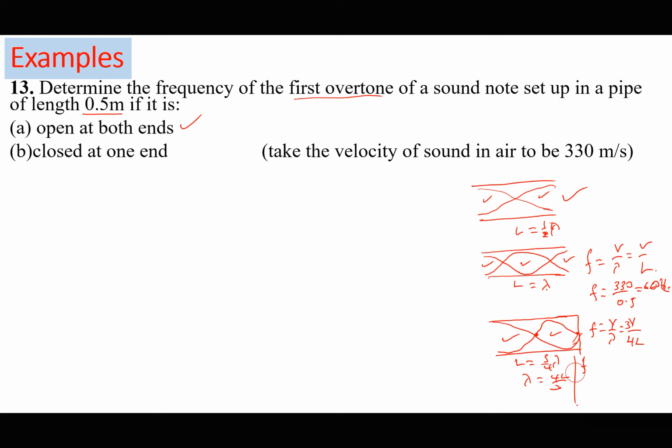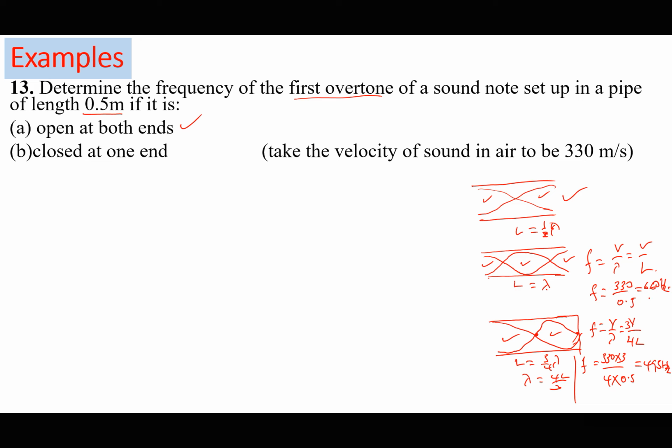So the frequency becomes 330 times 3 divided by 4 times L, which is 0.5. So this is going to be 495.